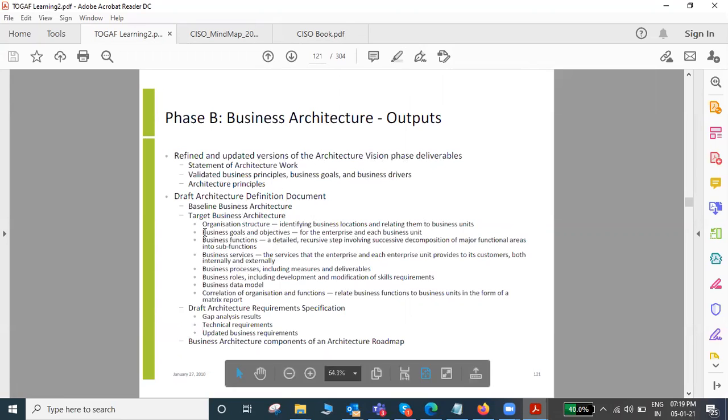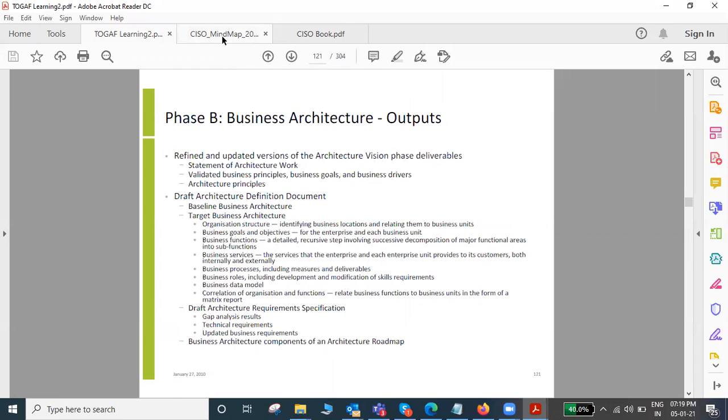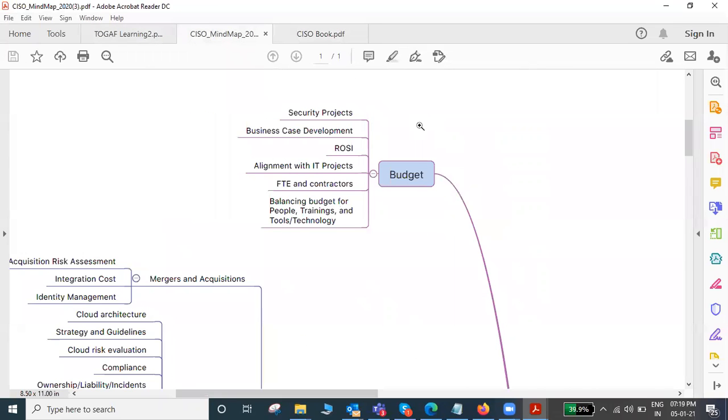These are important prospects for the TOGAF environment, because you are going to create the business architecture. But what about some different things? If you open your own business, the first thing you need to understand is the budget: budget allocations, how you are going to allocate for the business.